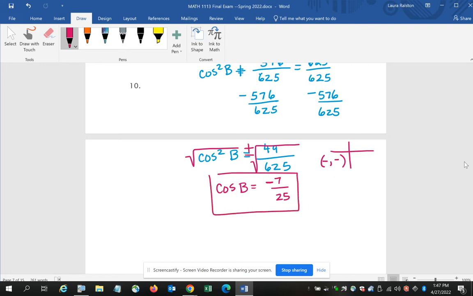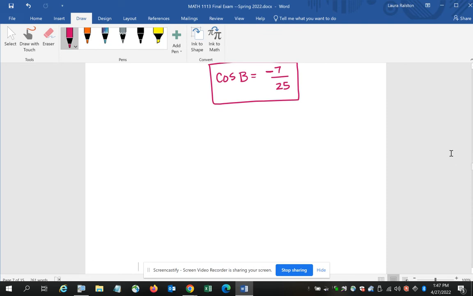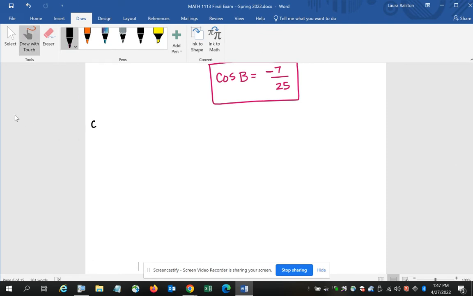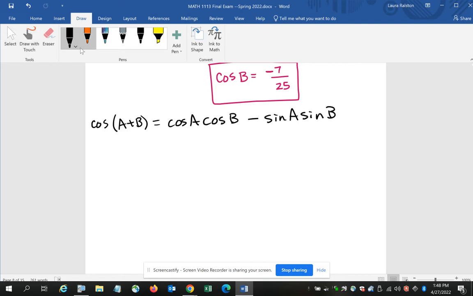So there's cosine B. Now I have all of the pieces, and I've got to put them together into that formula for cosine of A plus B. So again, cosine of A plus B is cosine A times cosine B minus sine A times sine B. And we're going to plug and chug into that formula.